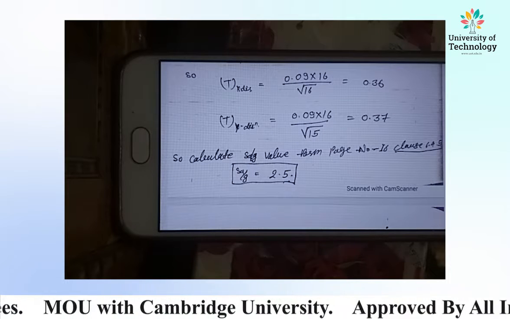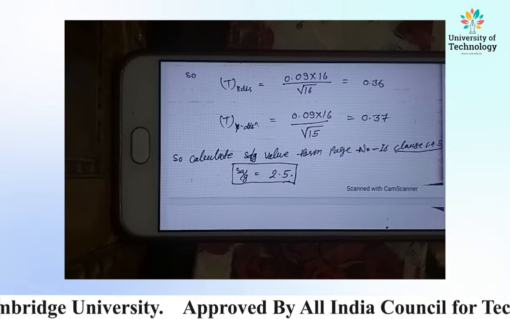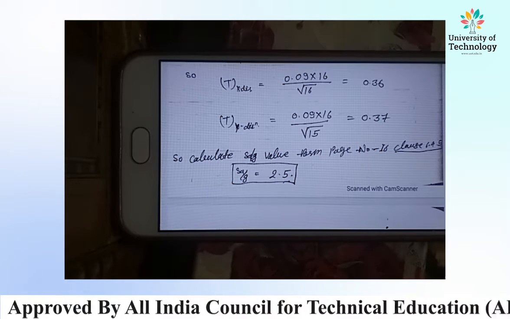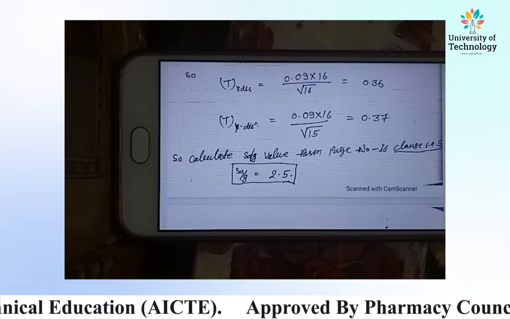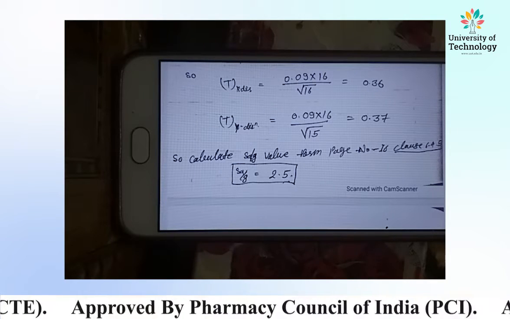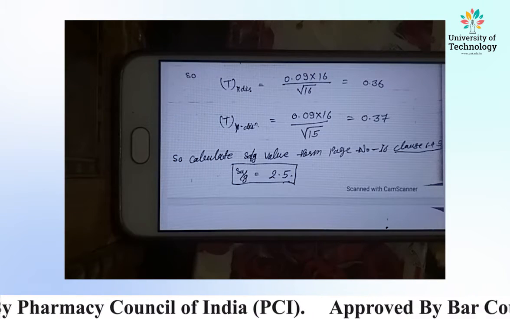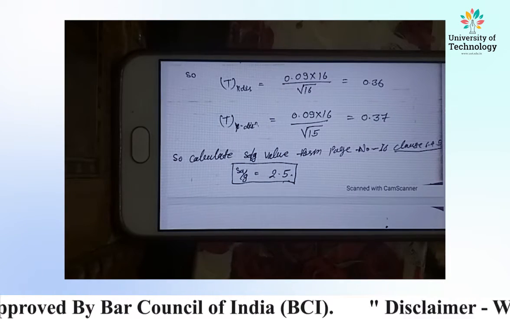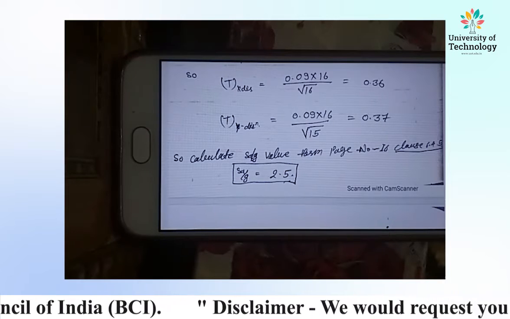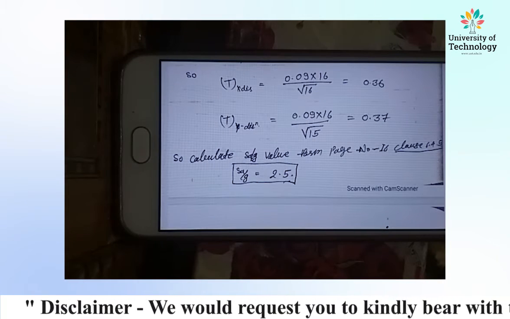So we should calculate T. What is T? T is the natural period of vibration, meaning the natural shaking that occurs in case of an earthquake.